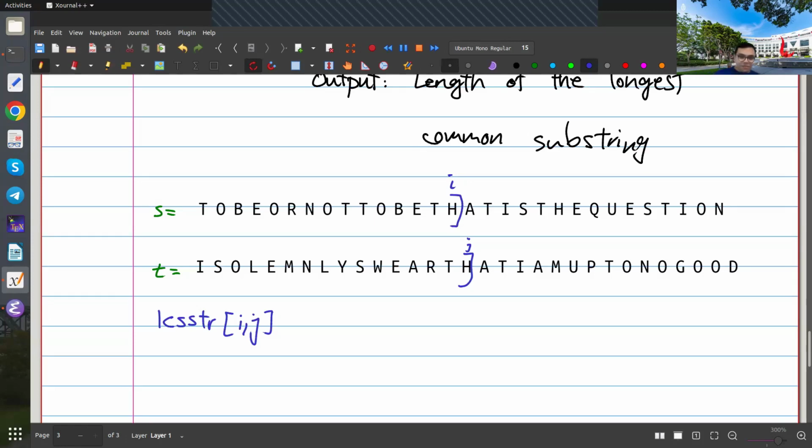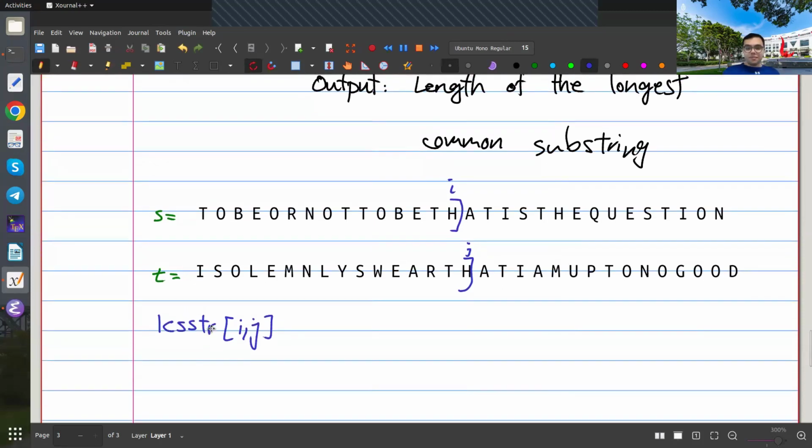My fingers ache. I'm not going to write them again. Okay, it's much easier to type than to write, by the way. So how would I calculate this? I can do something like before again, right? So I say, let's look at this first i characters of S and this first j characters of T.